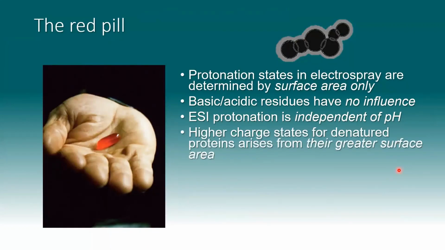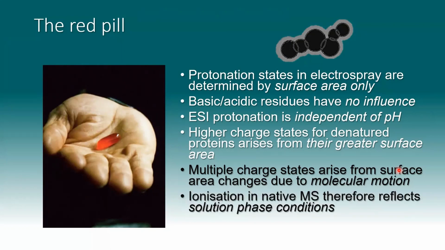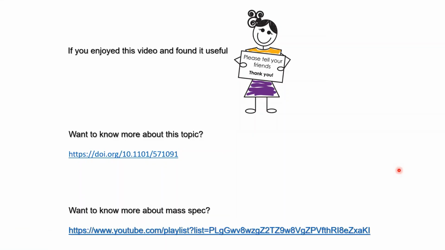The higher charge states that we observe for denatured proteins arise from their greater surface area. And multiple charge states arise from surface area changes due to molecular motion. What this means is that ionization in native mass spec reflects solution phase conditions. That's all I want to say.